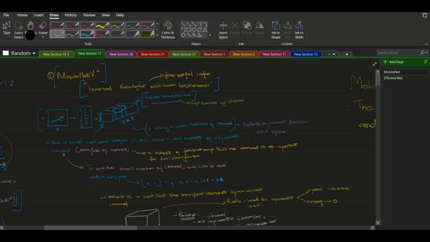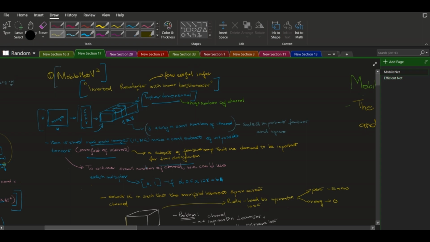Like I said, the idea is that in the real world, if we're given an image, the important information makes up a small subset of all the possible tensors. This is where the concept of manifold of interest comes into play. We can think of this as a subset of the feature map that is deemed important for the final classification.